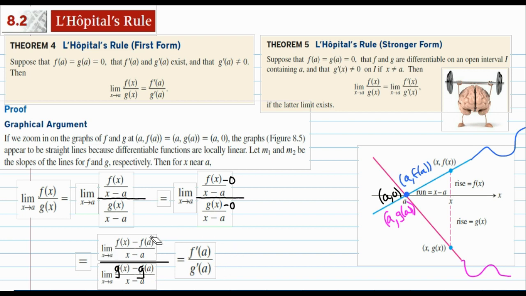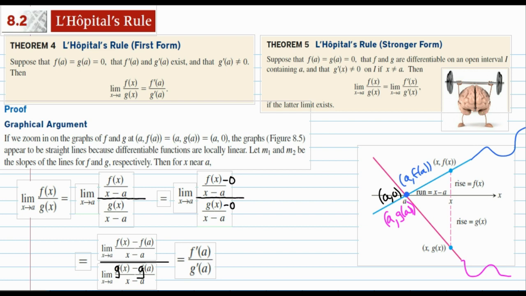So if we find that value at a, where the y value for the numerator is f of a and the y value for the denominator is g of a, then that is the derivative over the derivative. So you're taking the same exact original expression and just rewriting it algebraically, not numerically, to express it as a slope divided by a slope instead. So L'Hopital's rule does hold.